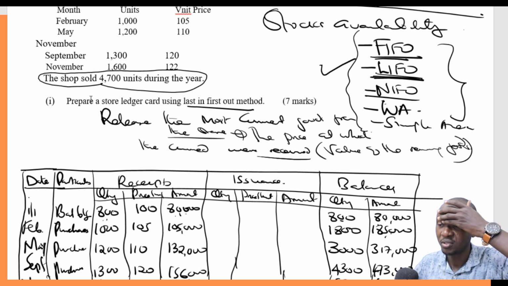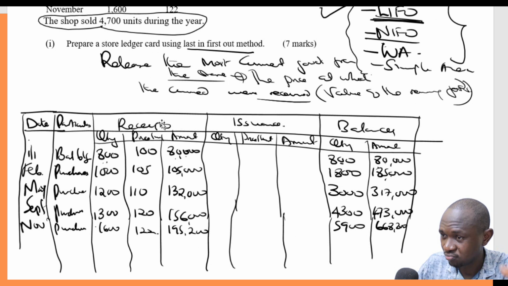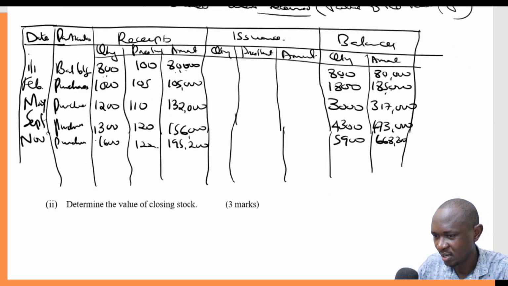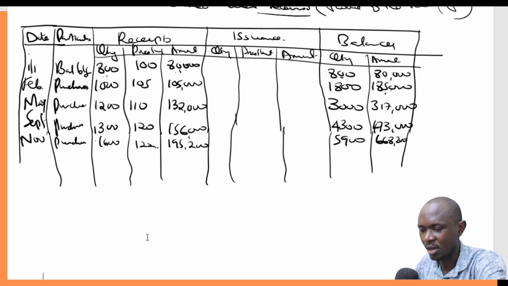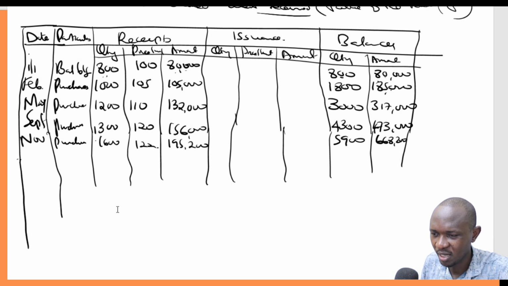The shop sold 4,700 units during the year. So we can assume that because they have not given us any time, the duration, let's now release the 4,700 goods. If they had given us, it would have been better.